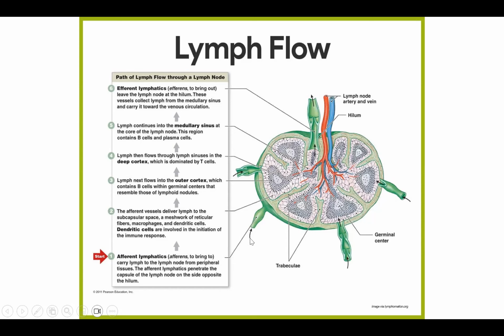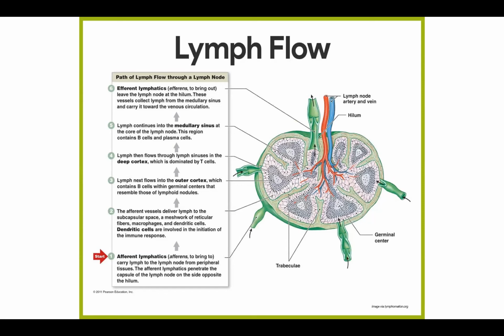There's this fluid in the extracellular matrix that starts to filter into the lymphatic system. So we have a venous system, an arterial system, and this lymphatic system that follow each other.